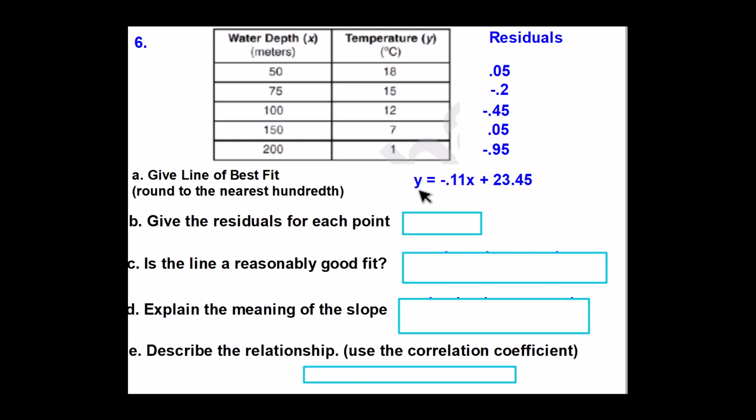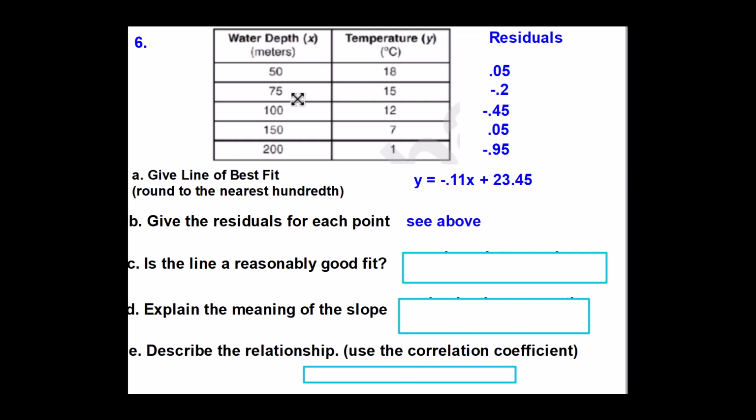I'm going to write y equals negative 11x plus 23.45. The test will probably tell you, but if it doesn't, go out to the nearest hundredth. Desmos gives the residuals for each point. So this point is (5, 018). The residual for that point, how far it is away from that regression line, is 0.05.